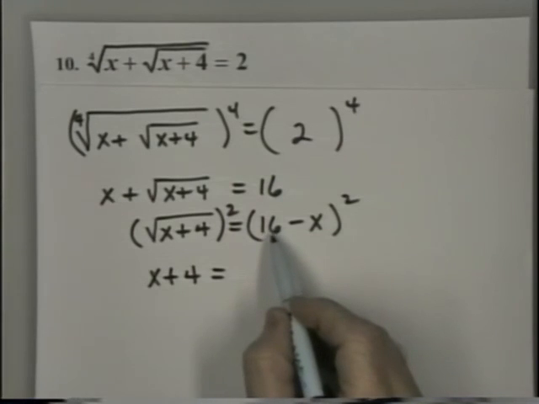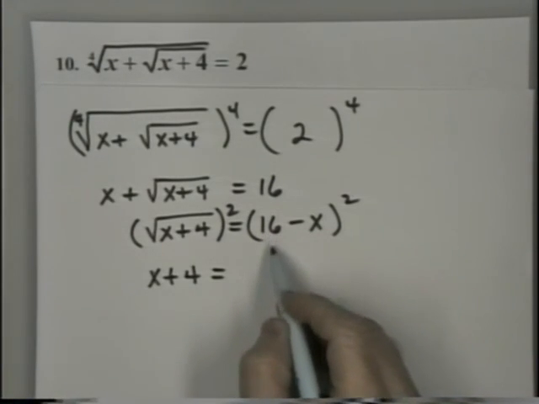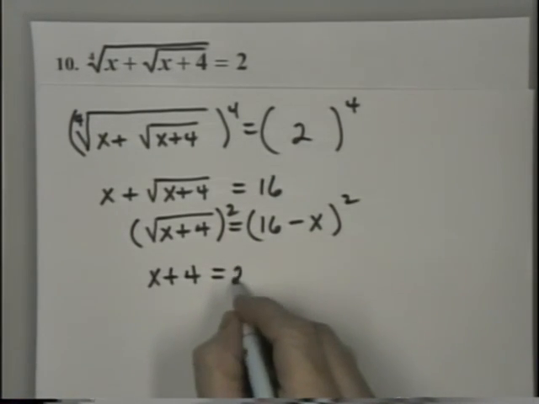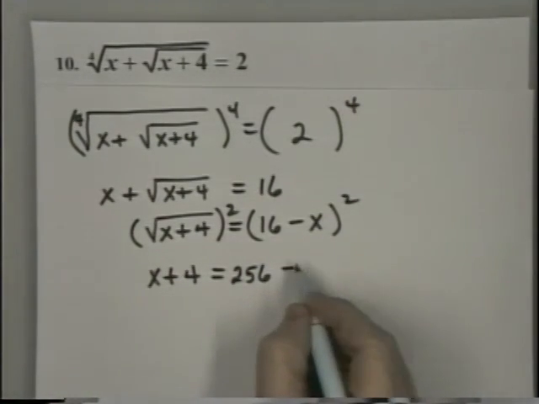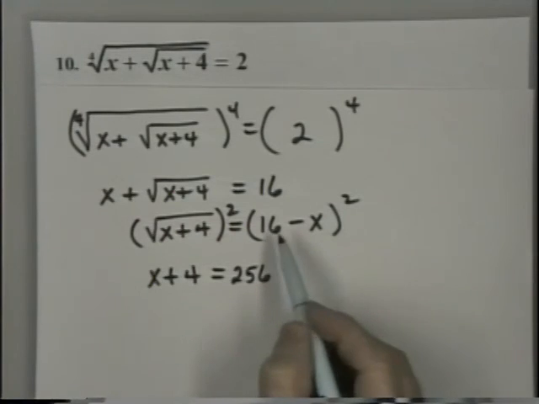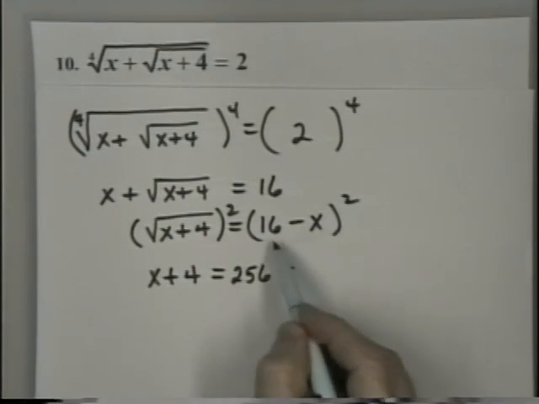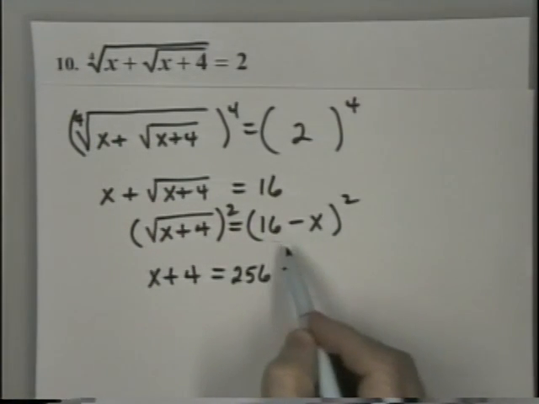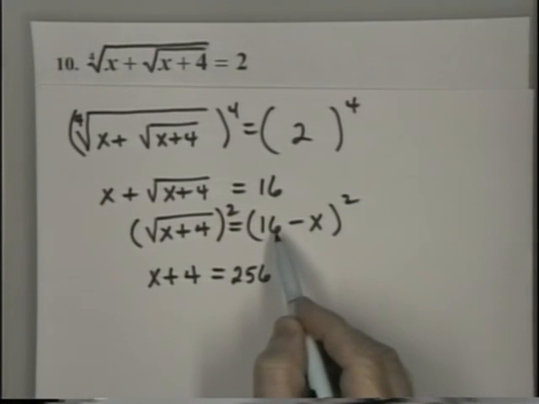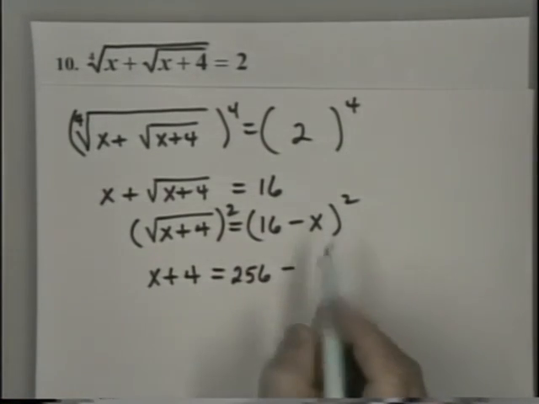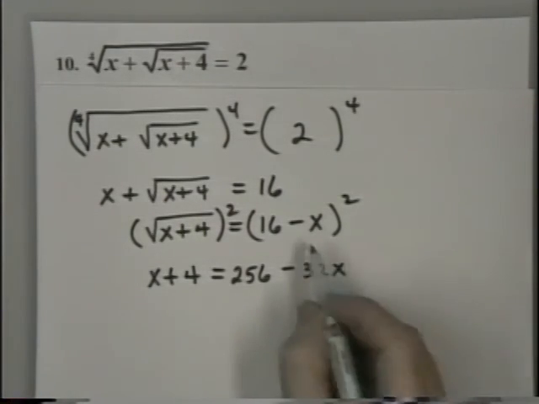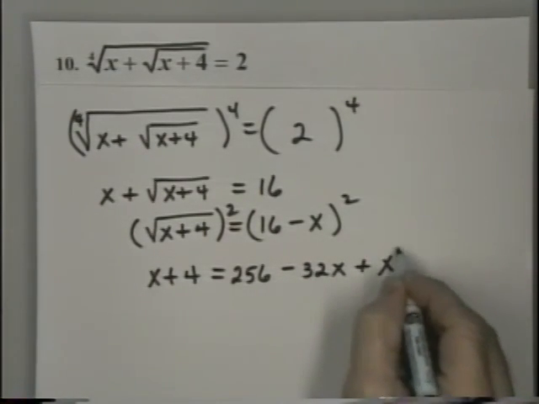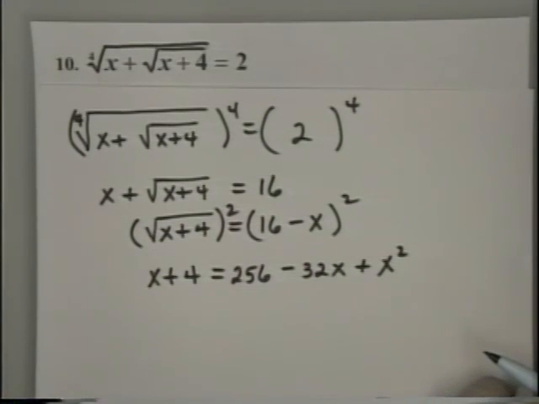Well, how do you square 16? 16 times 16, or 16 squared, is 256, minus the product of those two terms doubled, or twice their product. So multiply them together, that's 16x, double it is 32x, plus x squared.